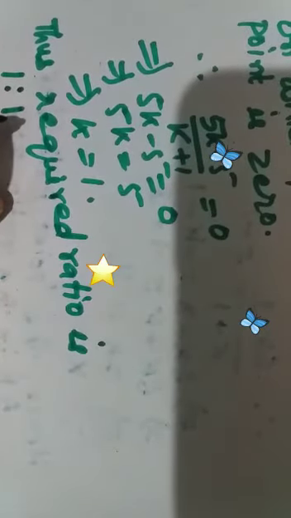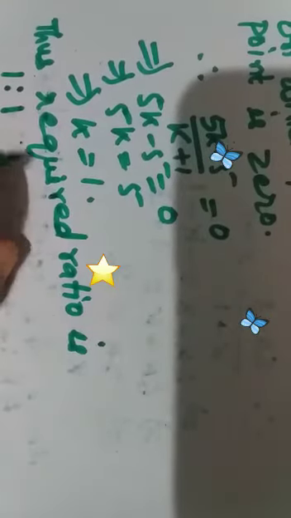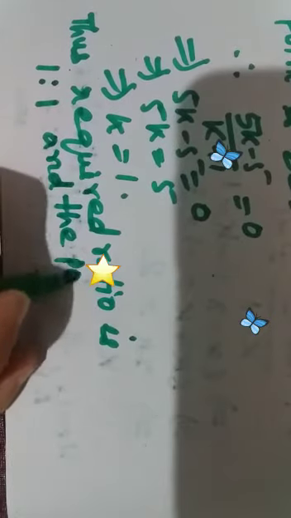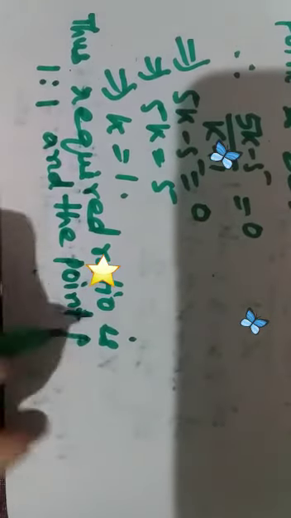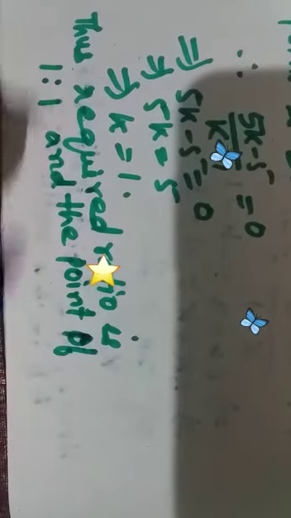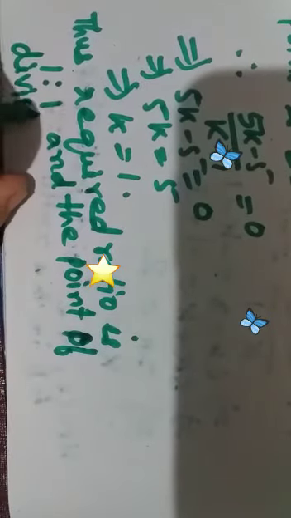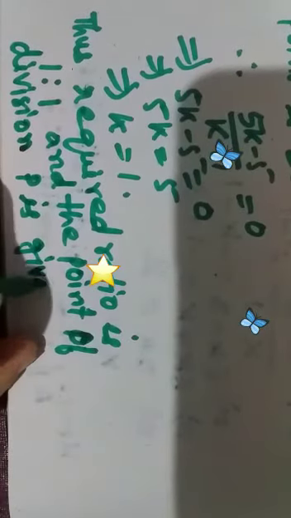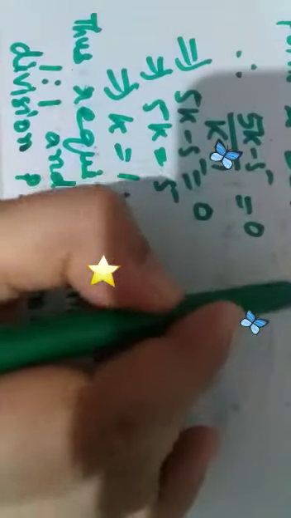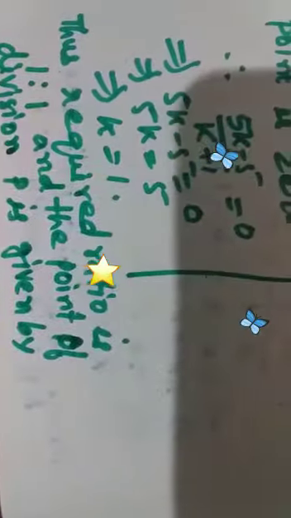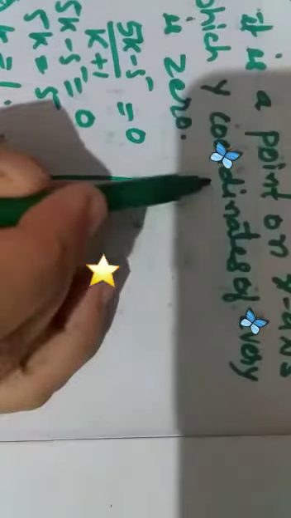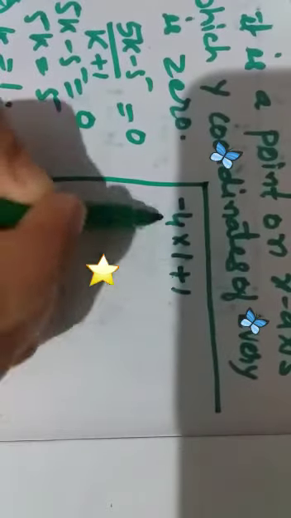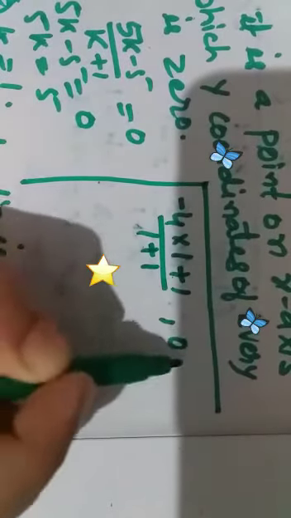And the point of division P is given by, simply putting the values: (minus 4 into 1 plus 1) by (1 plus 1), and the y part is 0.